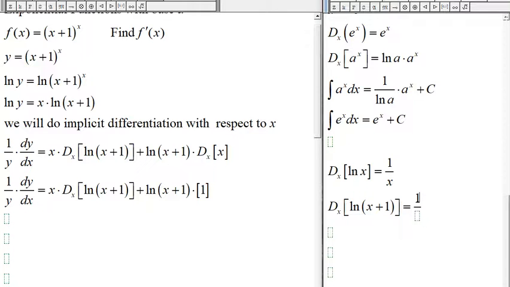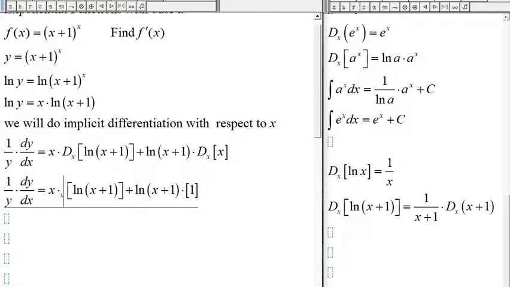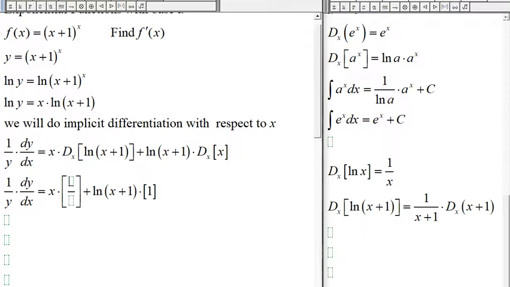And so this will be 1 over x plus 1, and then times the derivative of x plus 1. But the derivative of x plus 1 is just 1. And so we just get 1 over x plus 1.